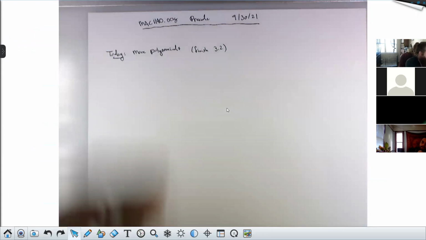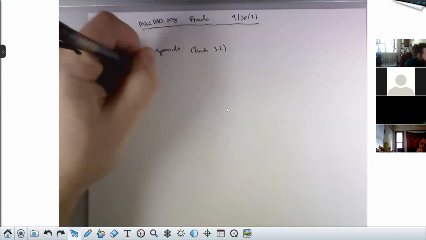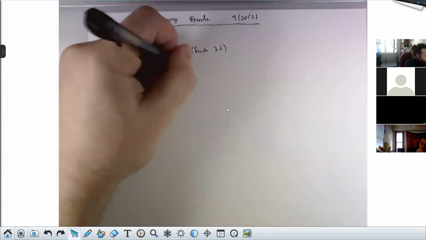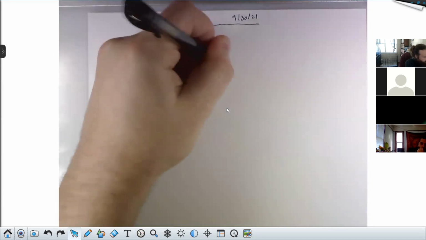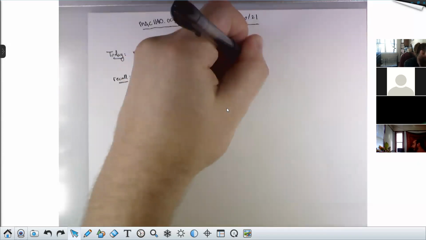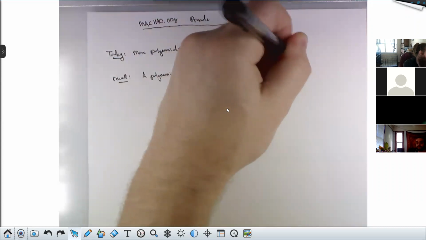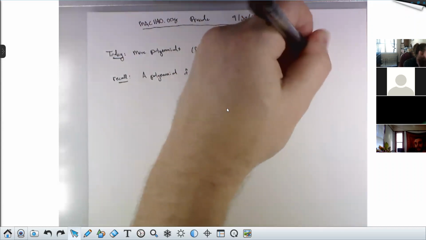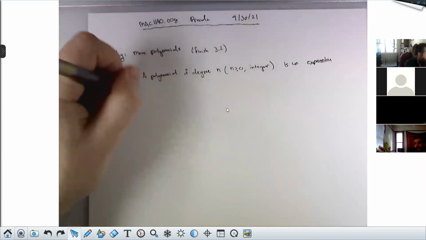So last time, I recall, a polynomial of degree n, and n here is an integer and it's not negative, is an expression of the form.